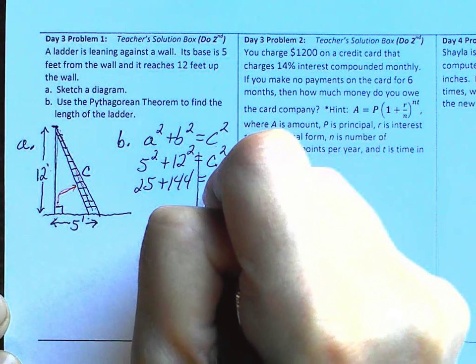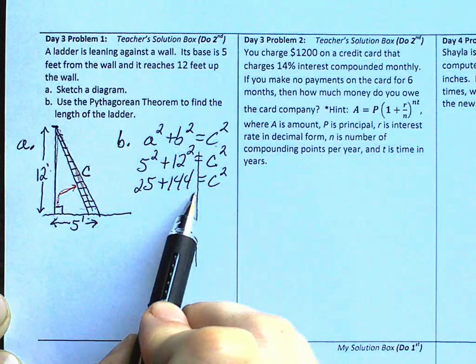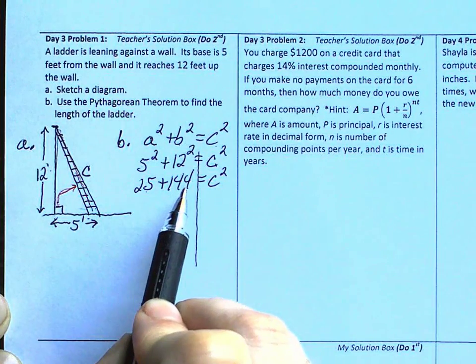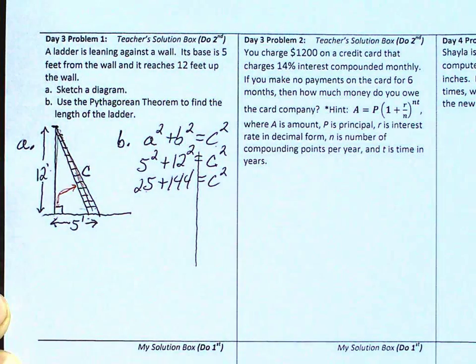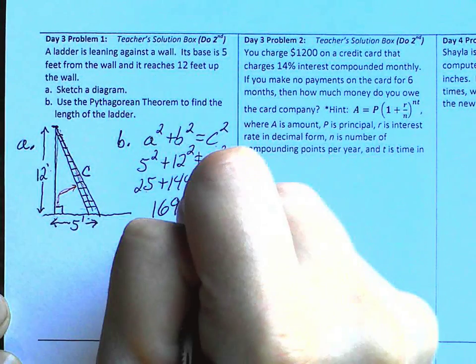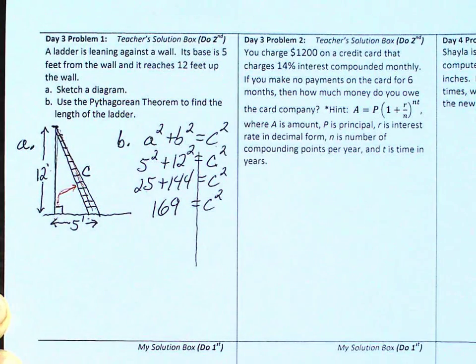And that is equal to c squared. Okay. Now on the left side of the equation, 25 plus 144. That can be done. That makes 169. And that is equal to c squared.